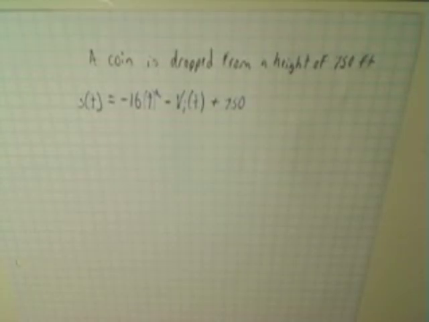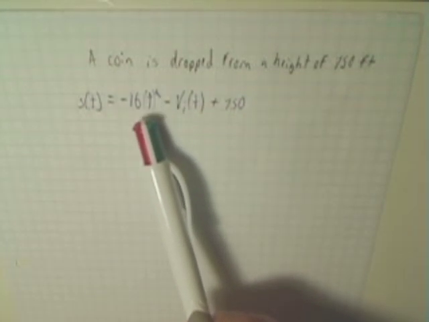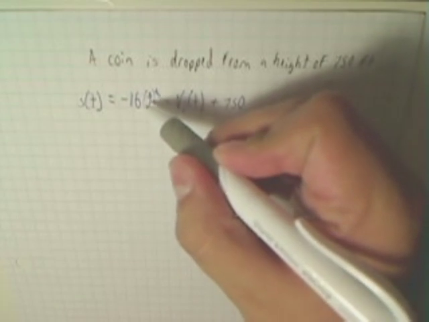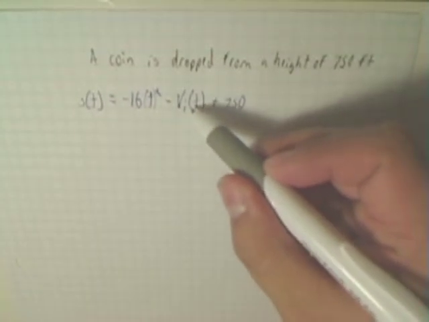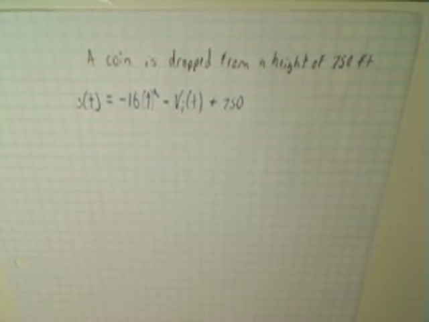So v initial is in feet per second, while negative 16 is in feet per second per second. That is how the units come in for t squared and t, respectively.